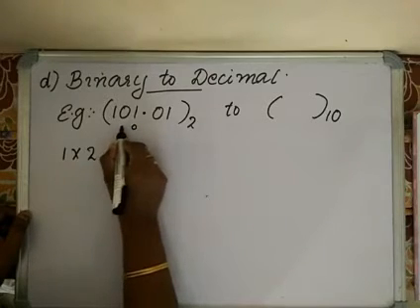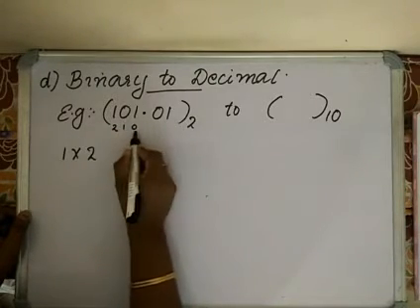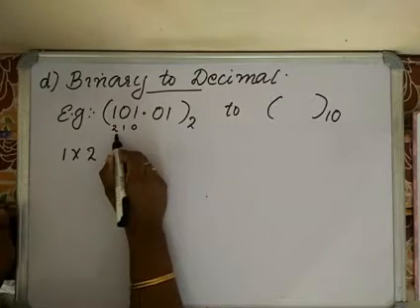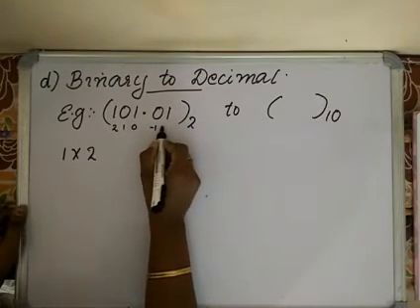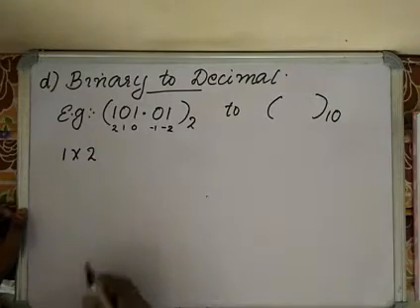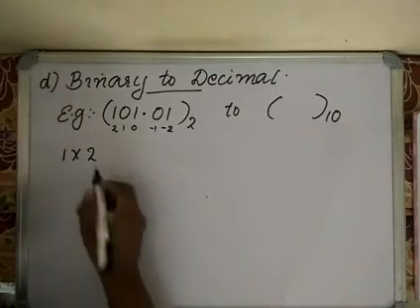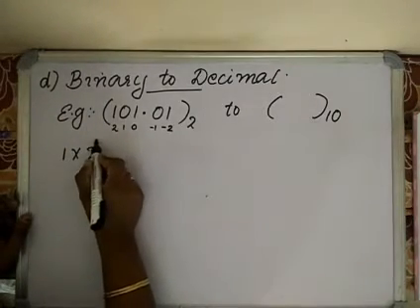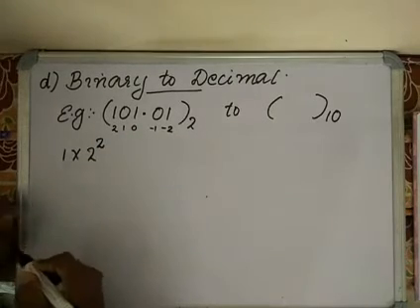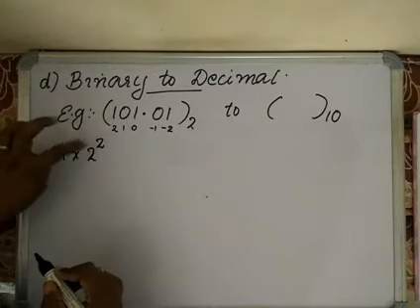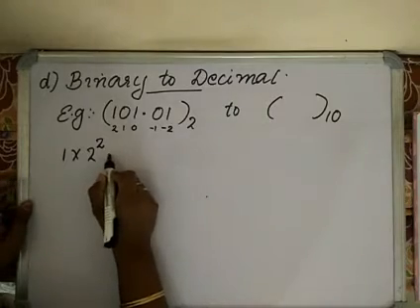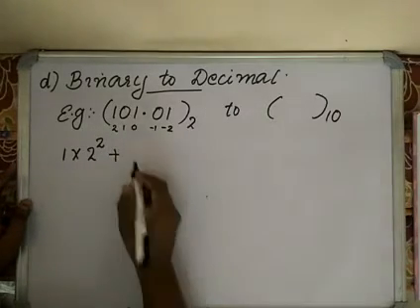So here it is 0, 1, 2. Okay, that means the integer part has positive exponents and the fractional part has negative exponents. So the first digit is 1 and it is multiplied with powers of 2. Its exponent is 2, so we have 2 raised to 2 plus, second digit is 0.